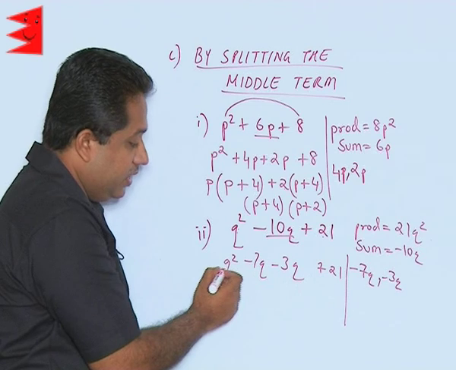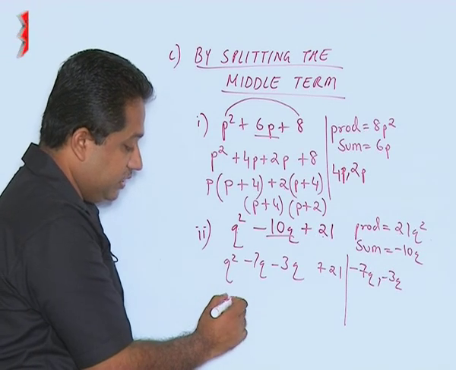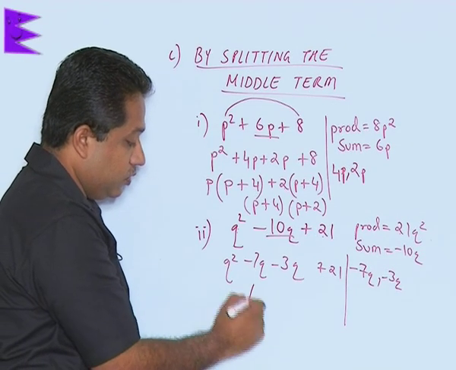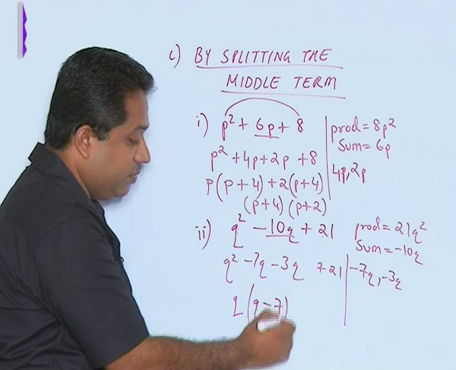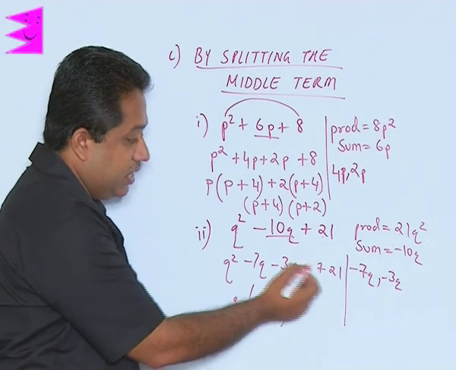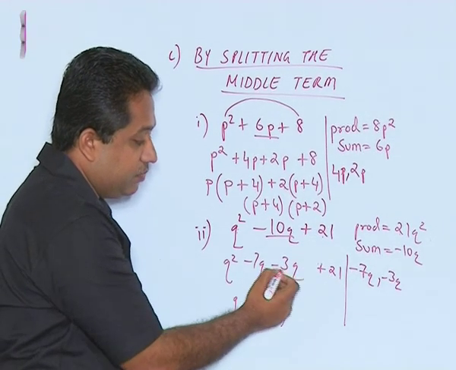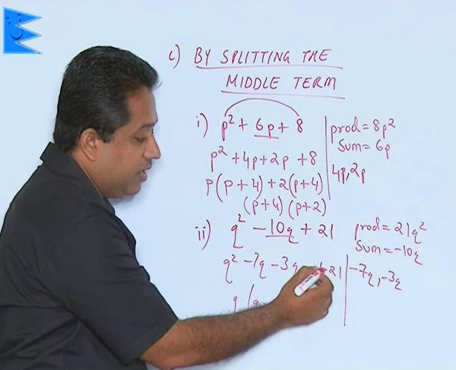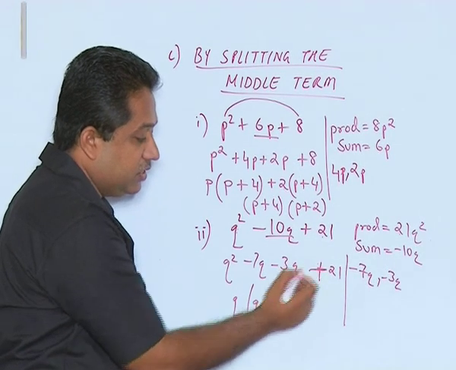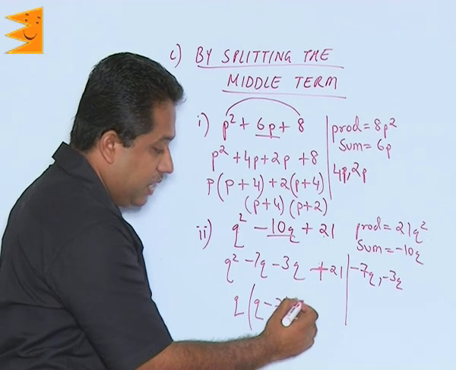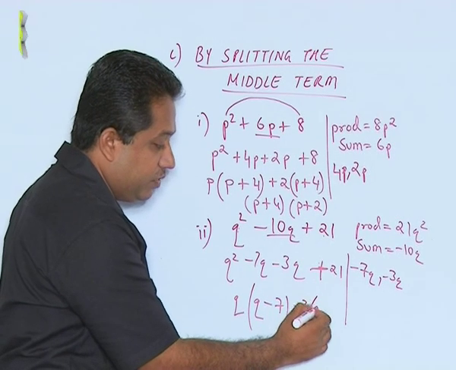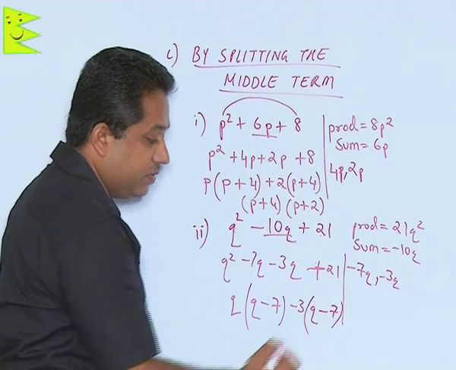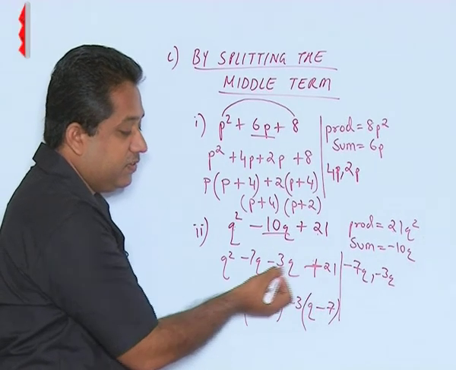We will take common in this. What is common in the first and second is q. So, here q minus 7 will be left, and here we find that this is minus 3q plus 21, and what is common in this is 3. We will take minus 3 common. So, we are left with q minus 7. When I open this bracket, I should get this same term here.